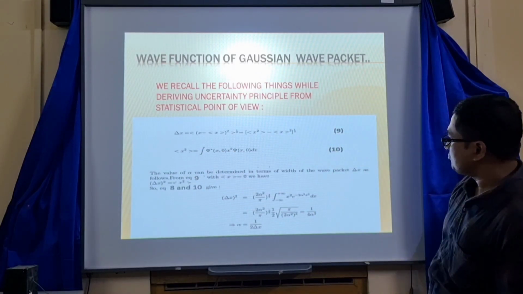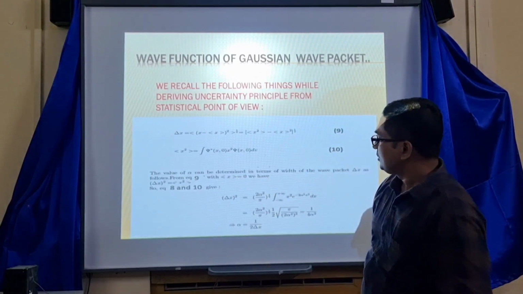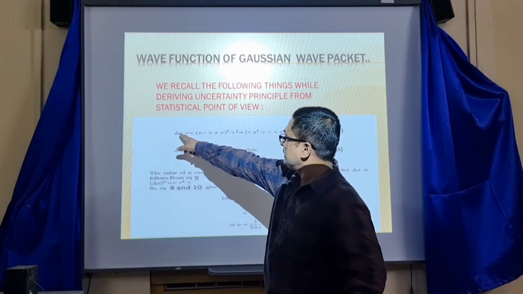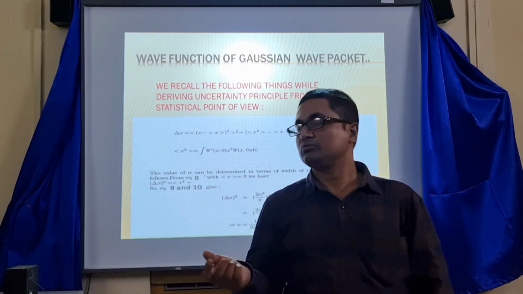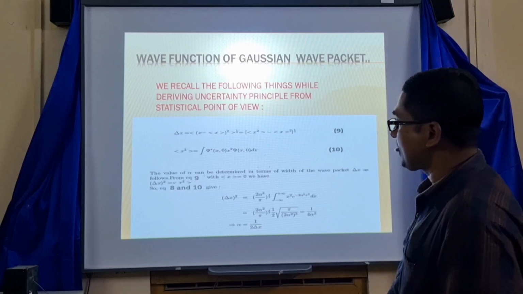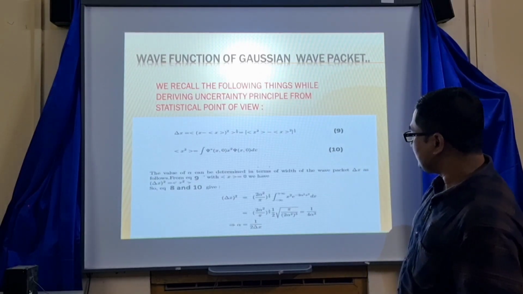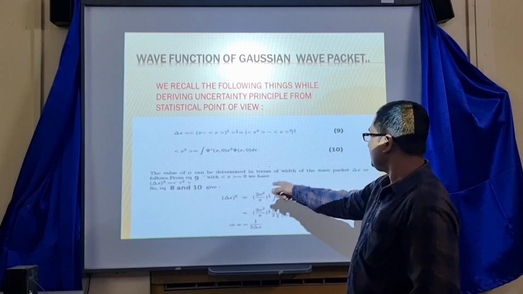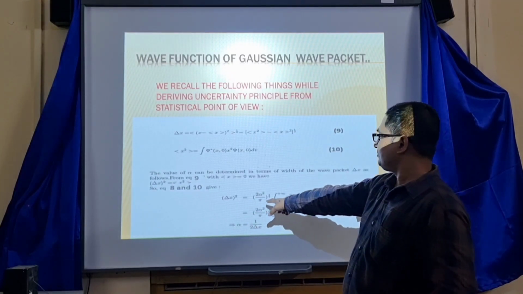Putting the particular case where the expectation value of x is equal to 0, we have del x equal to the expectation value of x square. This is also a special case taken in the last video while deriving the uncertainty. So 8 and 10 will give us this one. If we put this 10 back in equation 8, then we have this equation.